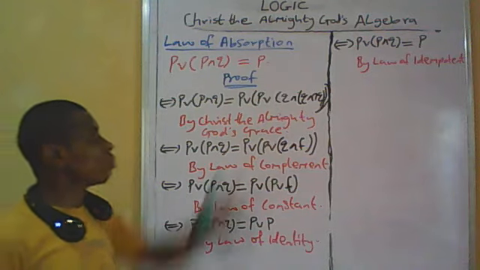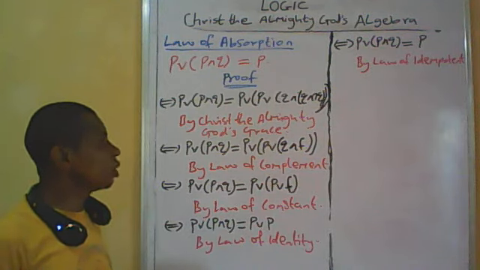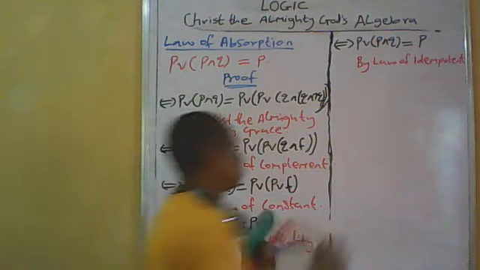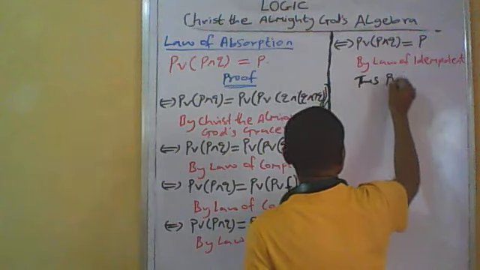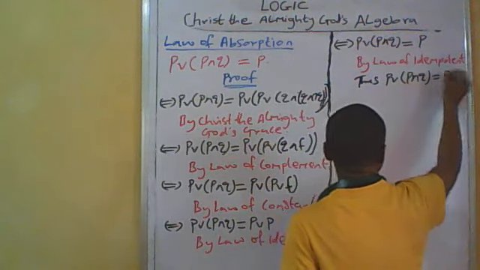You see that we have now proved our hypothesis that P or bracket P and Q is equal to P. We then conclude, say thus, P or bracket P and Q is equal to P.